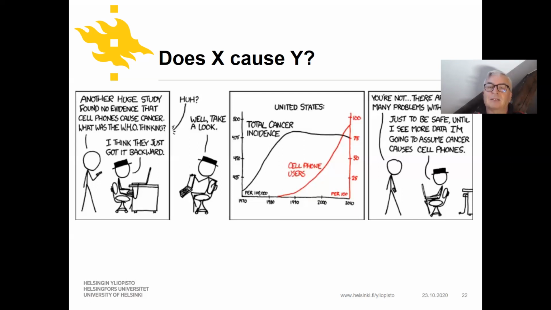It's probably the case that the population of the United States got older and older, or something else happened, and that caused the cancer incidence, and that's a different story from the cell phone use.